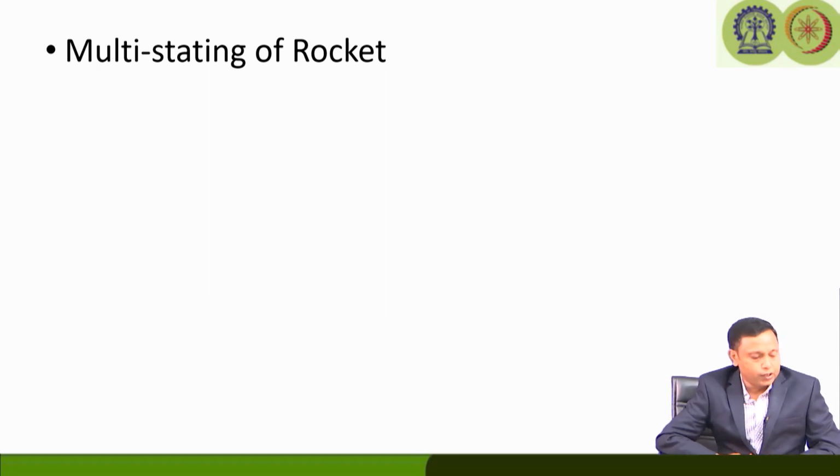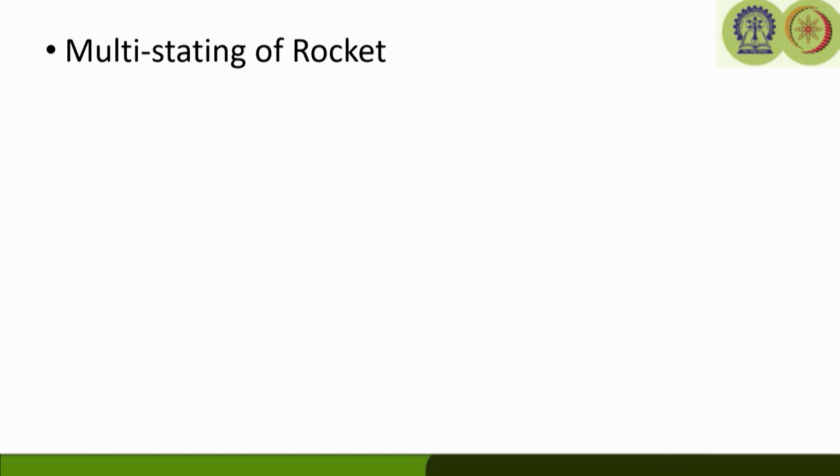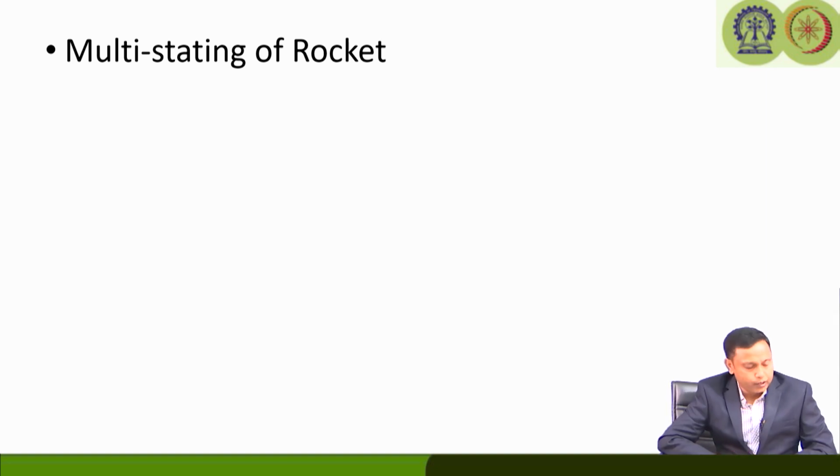Typically, each sub rocket is a complete rocket by itself, and at burnout, the shell and other inert mass are discarded from the rocket. Now, after each stage is over, the second stage will start and keep running. It is going to provide the velocity increment.